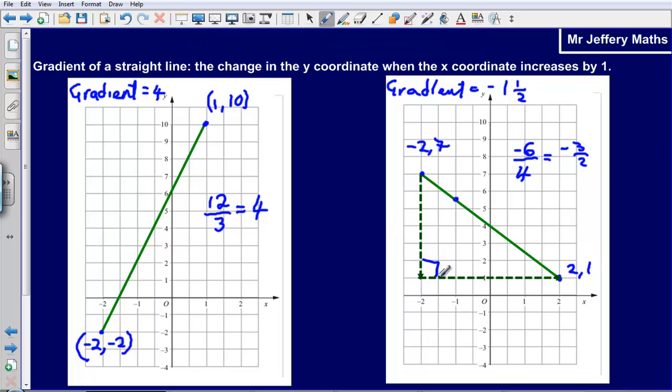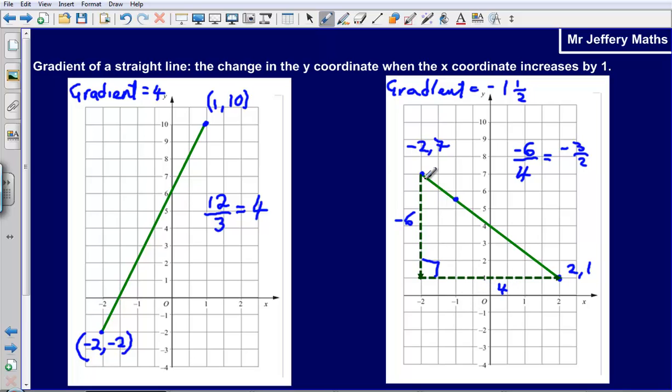So what I could say then is that this line here, my graph, is the hypotenuse of this right angle triangle, and I'm going down by 6 and I'm going along by 4.